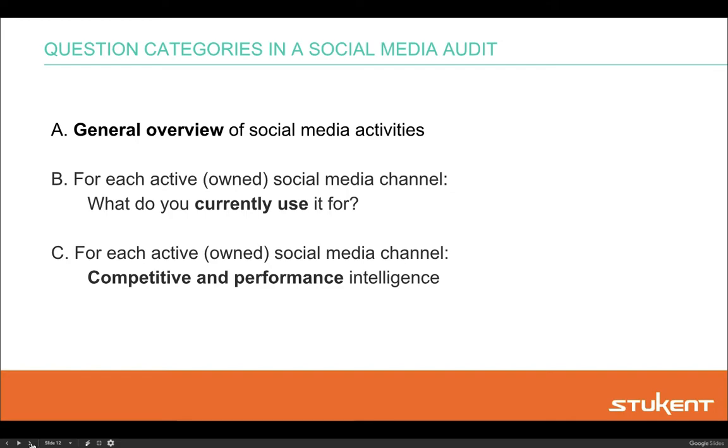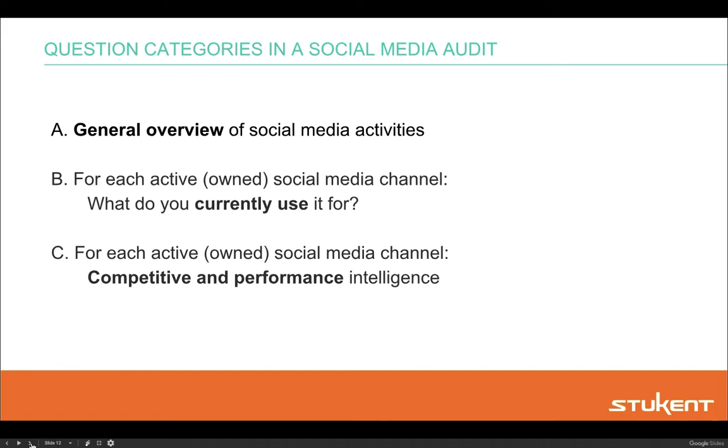So when we go over a social media audit, we want a general overview of social media activities. For each active owned social media channel, what are you currently using it for? Remember, each social media channel for your brand should have a different tone, should have a different voice, and talk about different things. If you're saying the same things on Instagram as you are on Facebook, what's the point in following both channels?